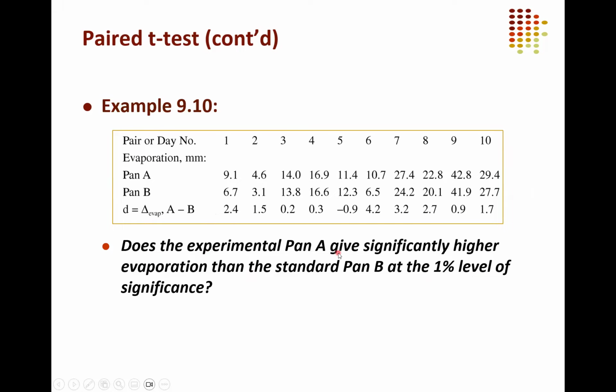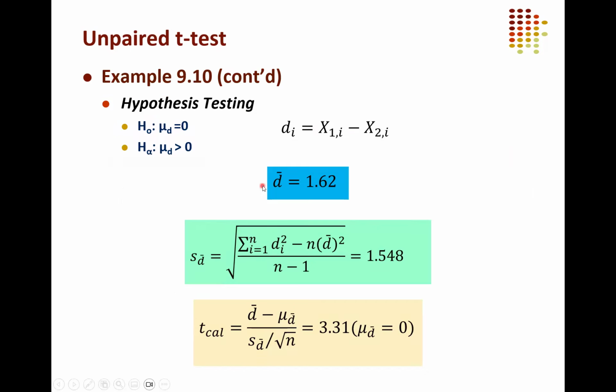Here we are going to test that pan A gives significantly higher evaporation. So when we have decided to look for higher values or lower values, then a one tail test must be applied, and we must consider the significance level in one tail. So we will go through the calculations.